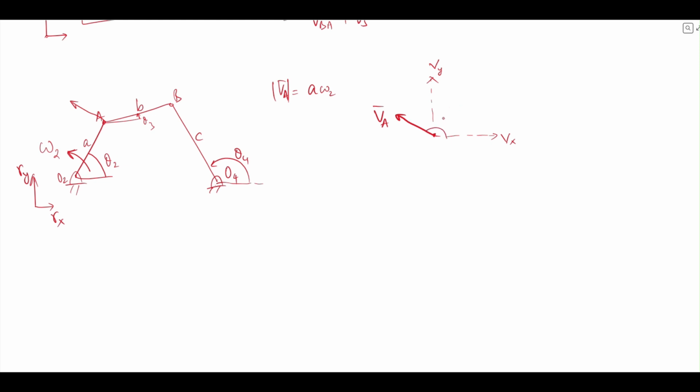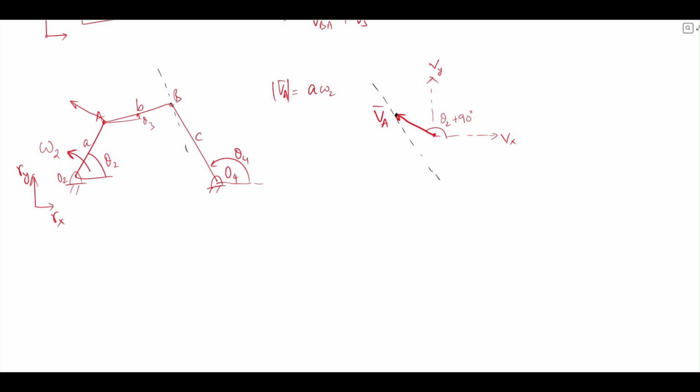This angle should be theta 2 plus 90 degrees. Then we can consider point B with respect to A. This is already point A. So from here, we know that the velocity of B with respect to A should be along that line. So we can draw a line parallel to that at this point.